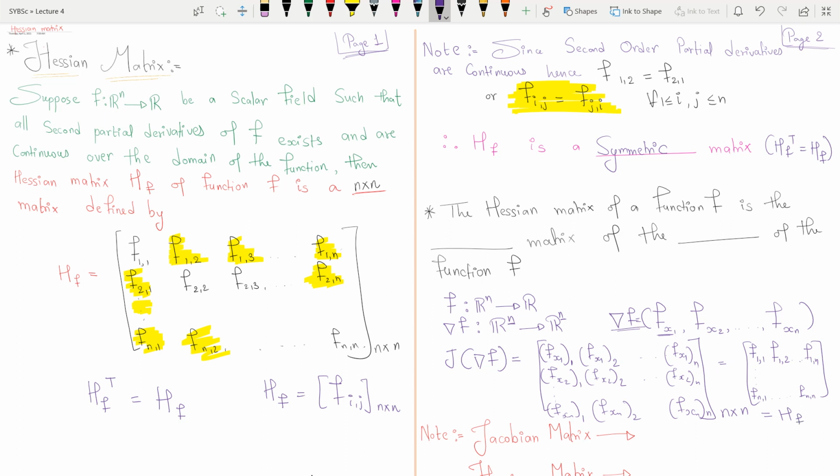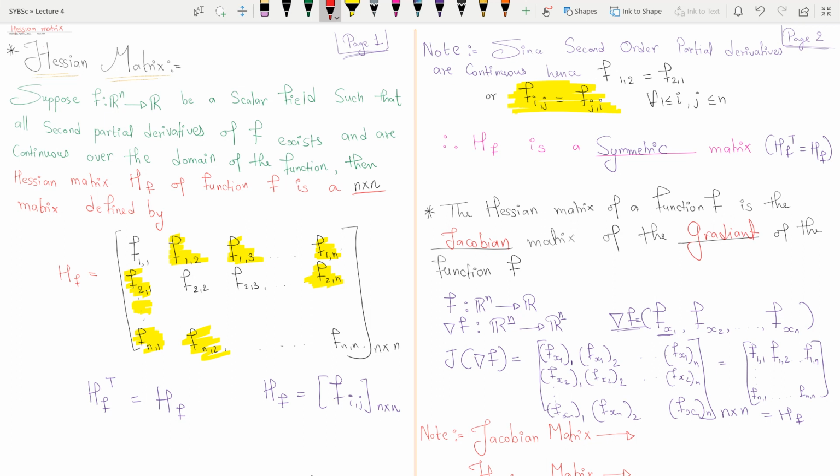Hence we found a relation between the Hessian matrix and the Jacobian matrix. So let me state it over here. The Hessian matrix of the function f is the Jacobian matrix of the gradient of the function f, correct?